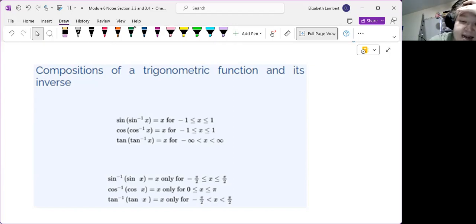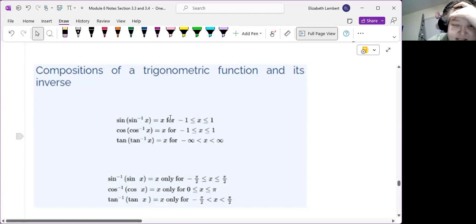So it'll be a little more of a headache. But we do have to remember our restrictions on the domain and range of both of the things for what we pick as the values. So like inverse sine of x is only going to work when x is between -1 and 1, because I can only put into arcsine numbers from -1 to 1, because it has a restricted domain.